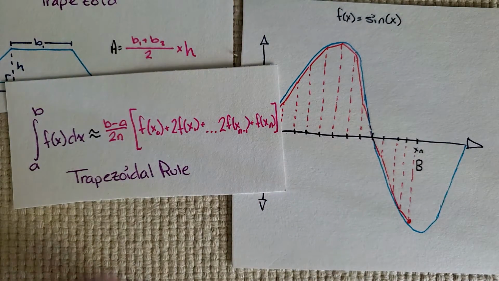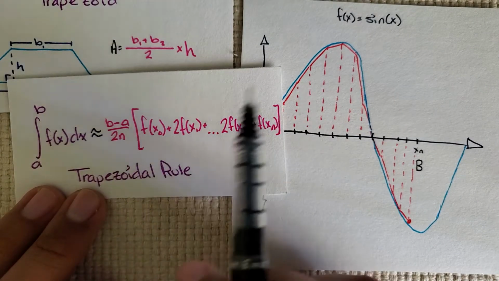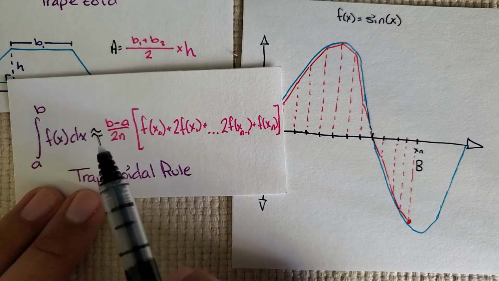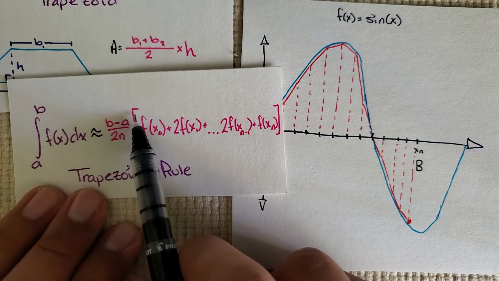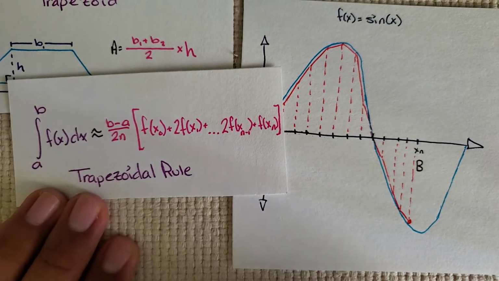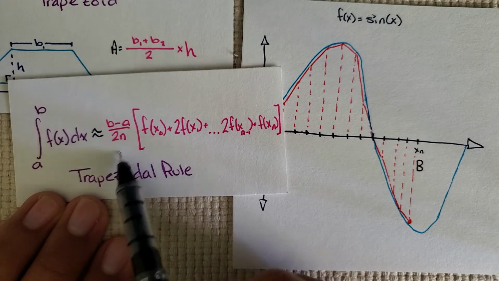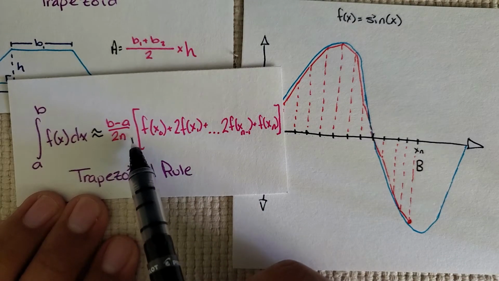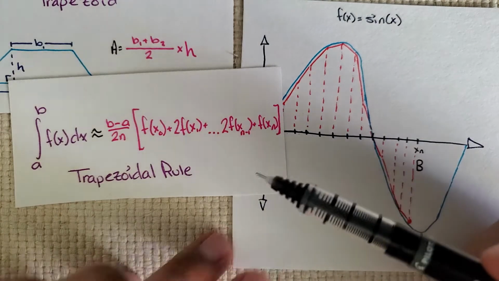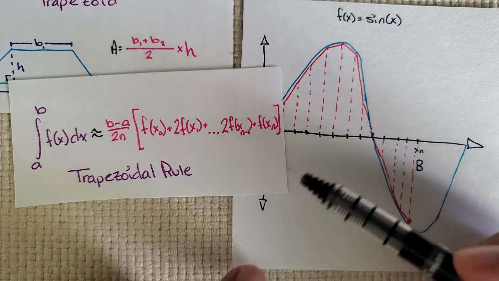Now, one pattern to see here is that for all graphs, we're going to be using this formula for the trapezoidal rule. We start off by simply finding the range using b minus a. We want to find what the range is from. And we just divide this by 2 multiplied by n, which relates back to b minus a over n.